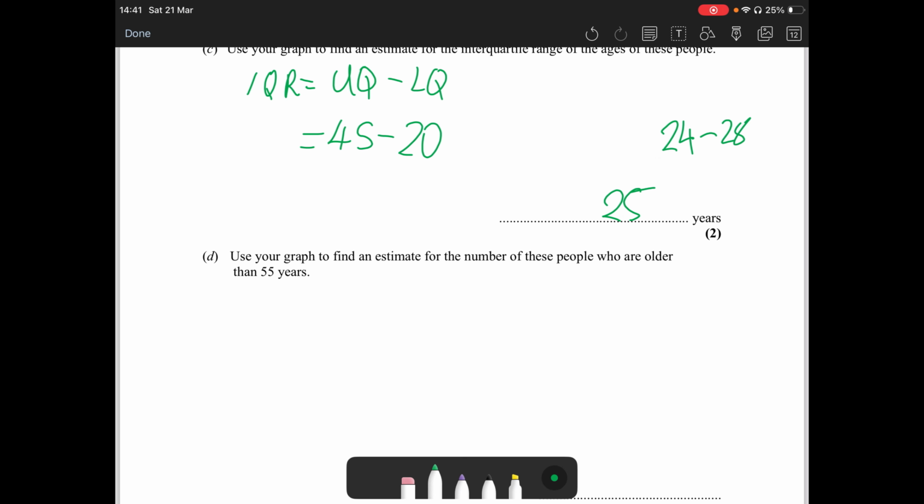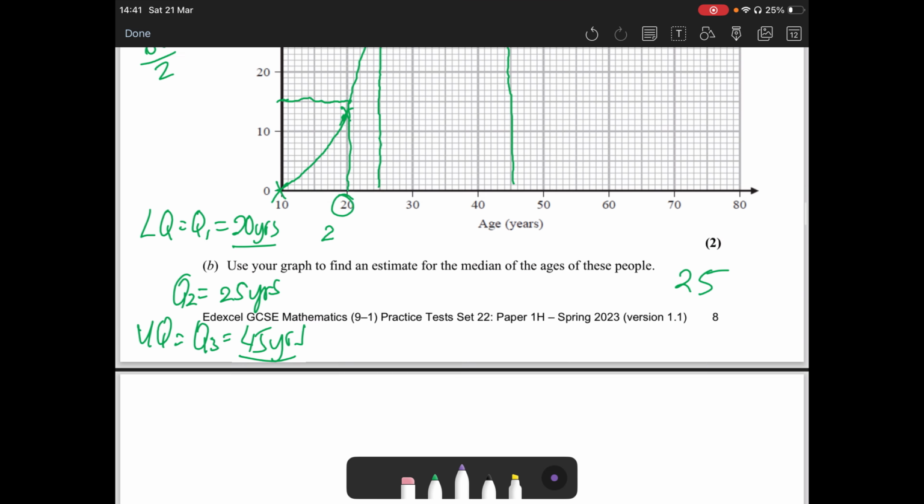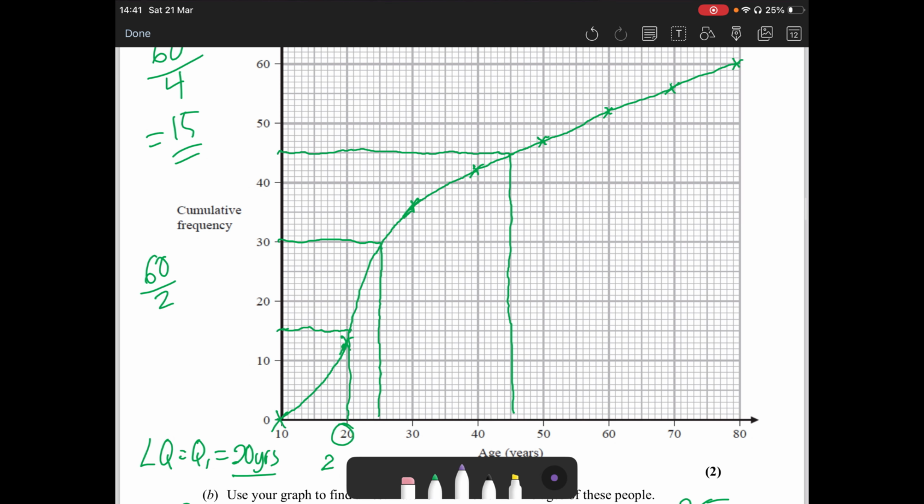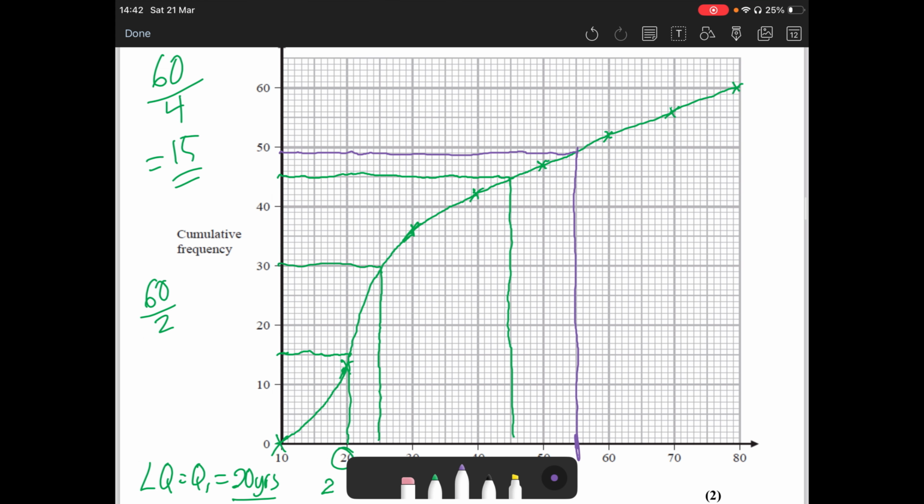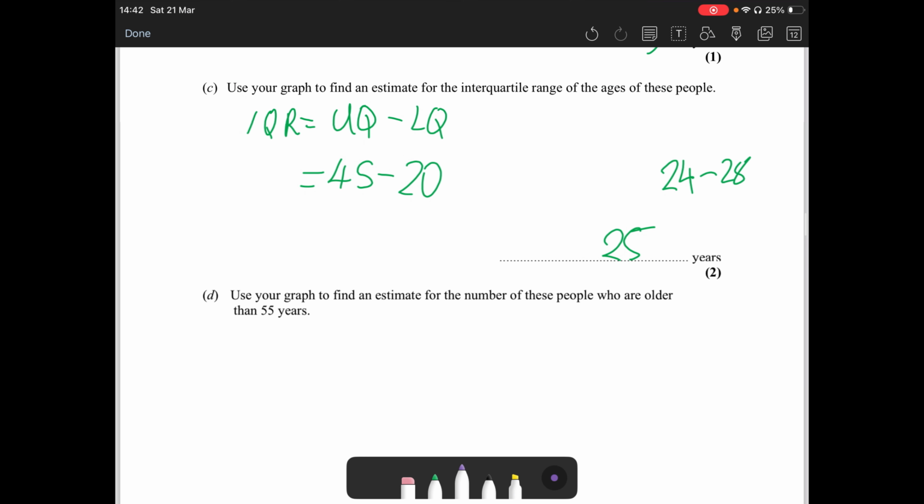Next up, lastly, find from your graph an estimate of the number of people who are older than 55. So this time round, we're looking at 55 going up and across. If you're really careful, there are 49 people that are younger than 55, but there are 60 in total. So let's think about this.